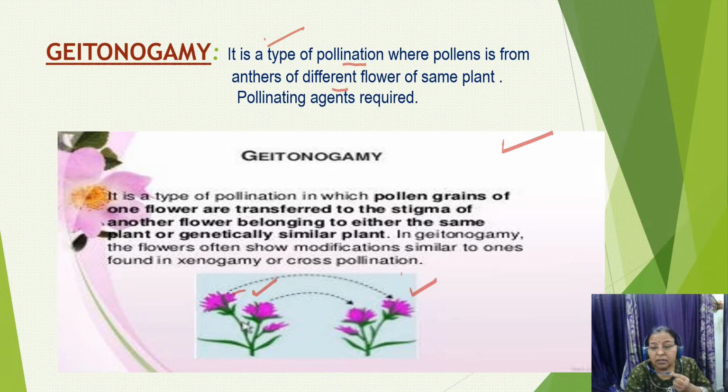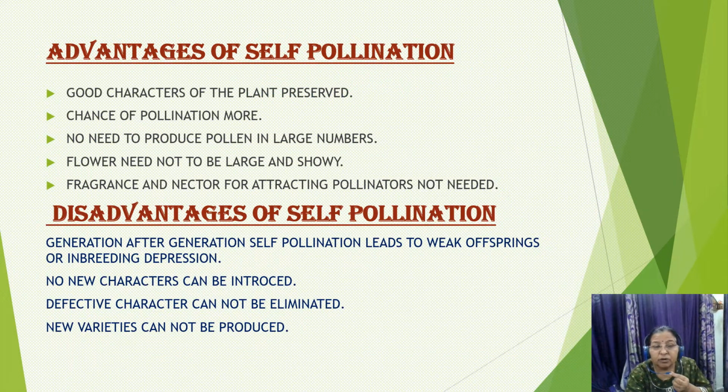Now, the second type is cross-pollination. Before we study cross-pollination, what are the advantages of self-pollination? First advantage is the characteristics of the plant are preserved. Means if self-pollinated, there is no mixing, so those plants' characteristics will be preserved. Pollination chances are more since the same flower, same field, same area, so chance of pollination is more.